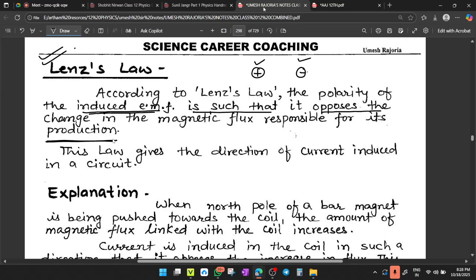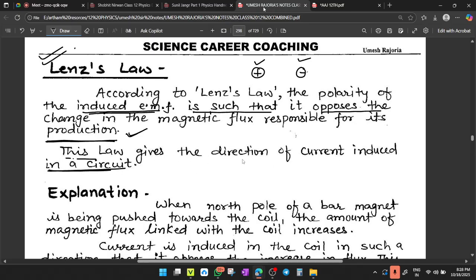Understood? It means the polarity of EMF is such that it always opposes its creator, the change in magnetic flux that is responsible for its production. Understood? This law gives the direction of current induced in a circuit.